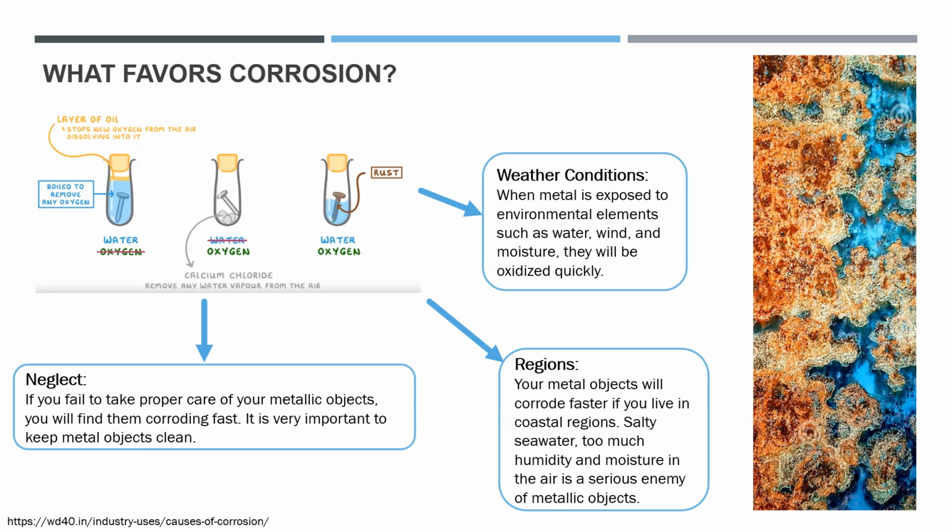Metal corrodes faster near coastal regions, where the salty water and so much humidity and moisture influence the metals. The third is neglect. When we fail to take care of our metal products, we find they corrode very fast.